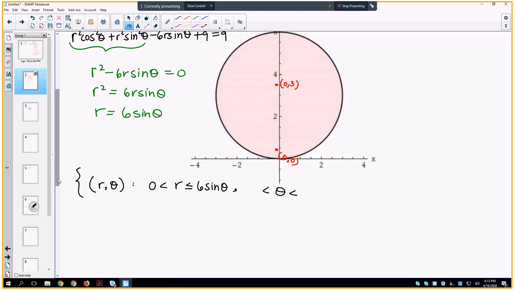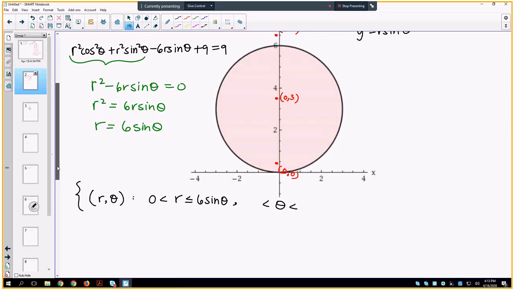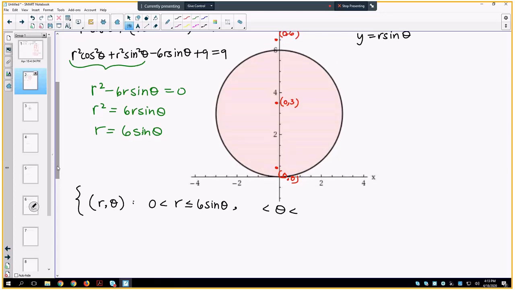So I can go back to what I solved for, r equals 6 sine theta. What if I plug in theta equals 0? Sine of 0 is 0, so that gives me this point, 0, 0. What about if theta is equal to pi over 2? Sine of pi over 2 is 1, so I get 6.